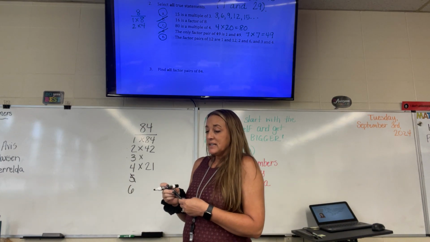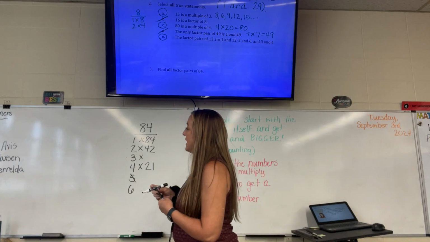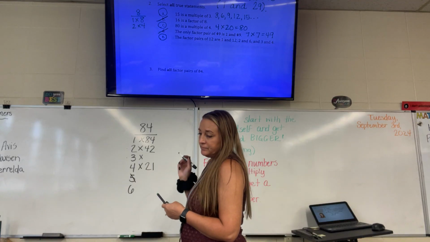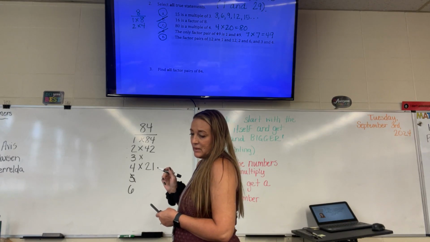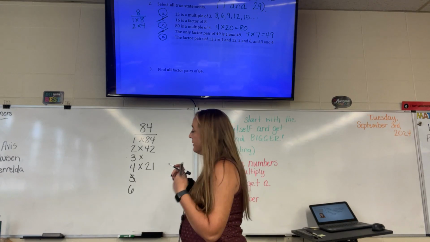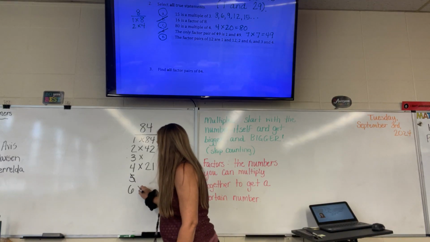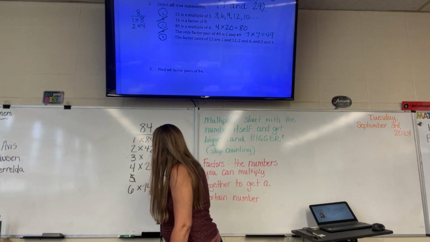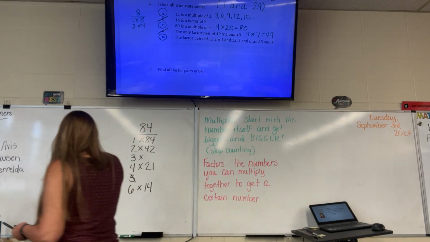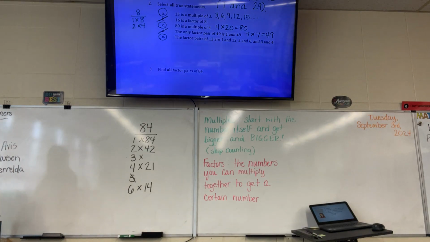Go to the 6th row and find 84. And then go up. What's its partner? 14. Good work.